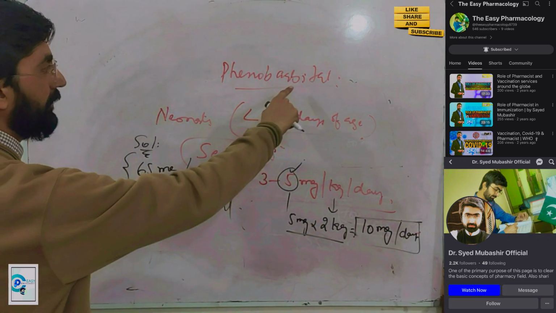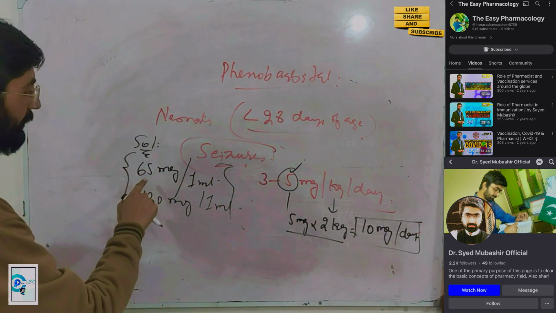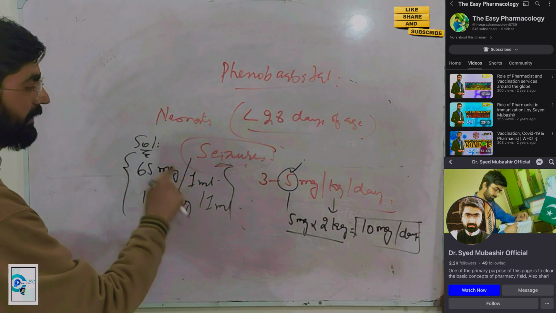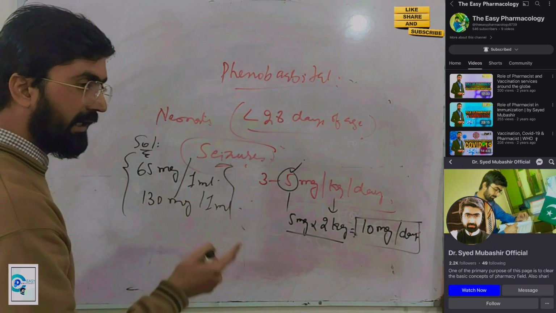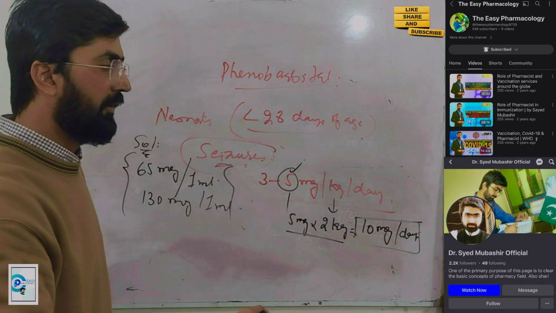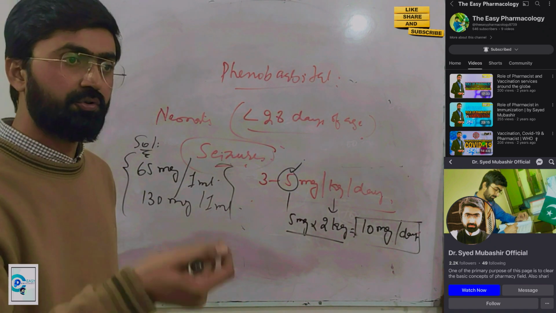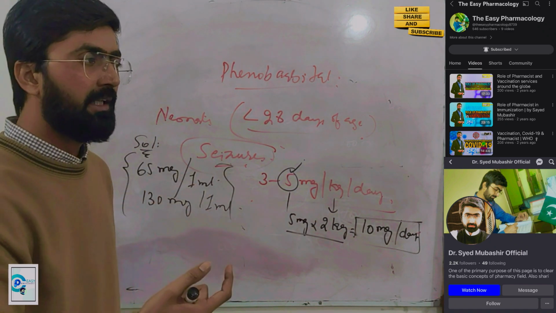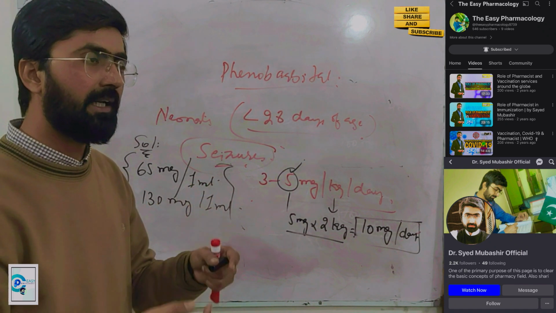But the phenobarbital is available in 65 milligram per 1 ml. Here, the first step is to calculate how much drug is contained in 1 ml.